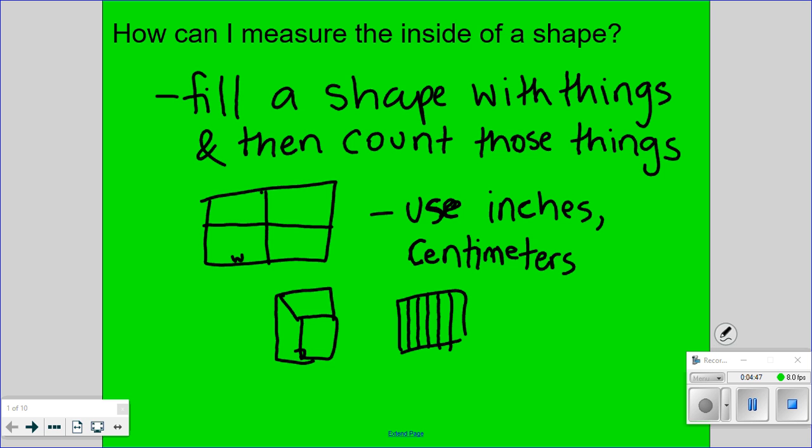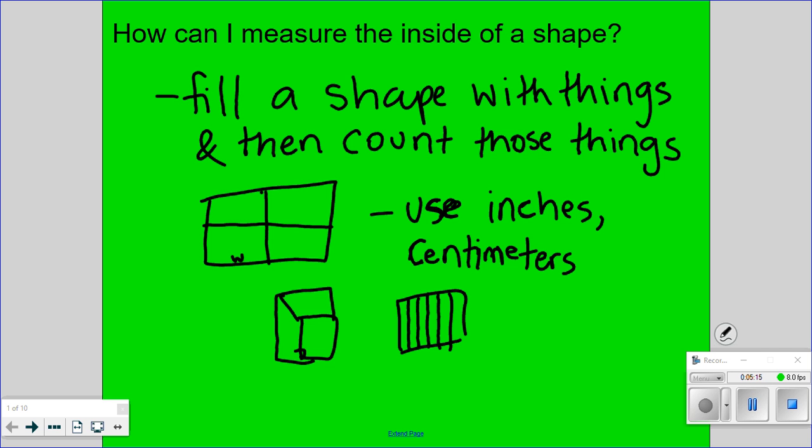Lincoln, what are your thoughts? So you have to make sure you're using the right measurement. It doesn't make sense to measure a water bottle with meters. Love that. So Lincoln is talking about we need to make sure we're using the right tool. Inches and centimeters are really small, so they make sense to measure things more carefully, like a water bottle or even your desk.